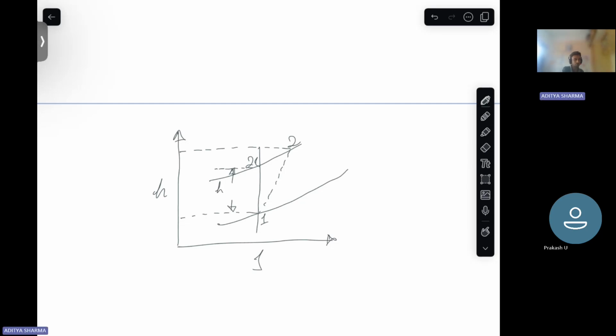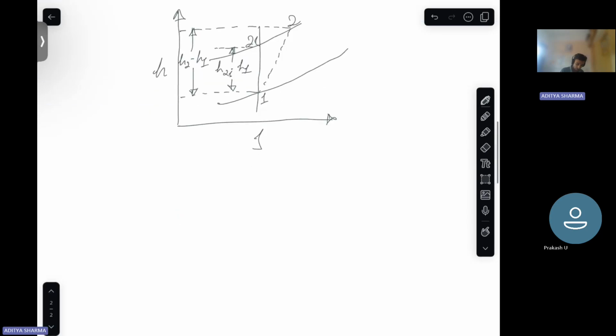So this is h2 minus h1, and this is h2s minus h1. In this case, we write the compressor efficiency as h2s minus h1 over h2 minus h1.